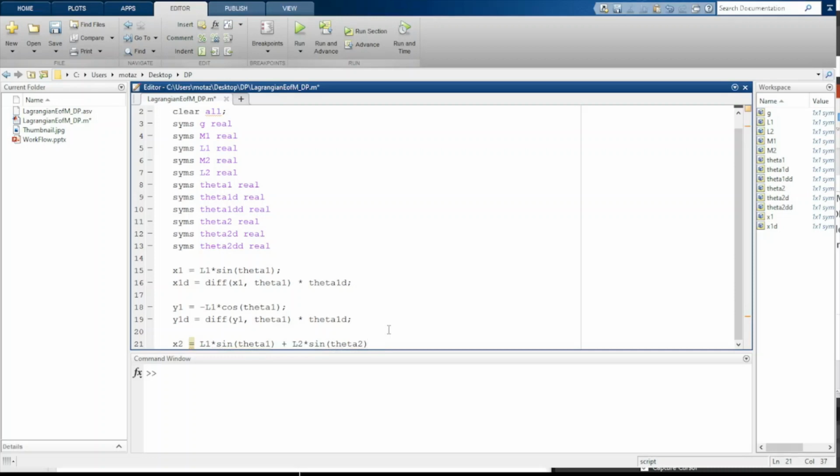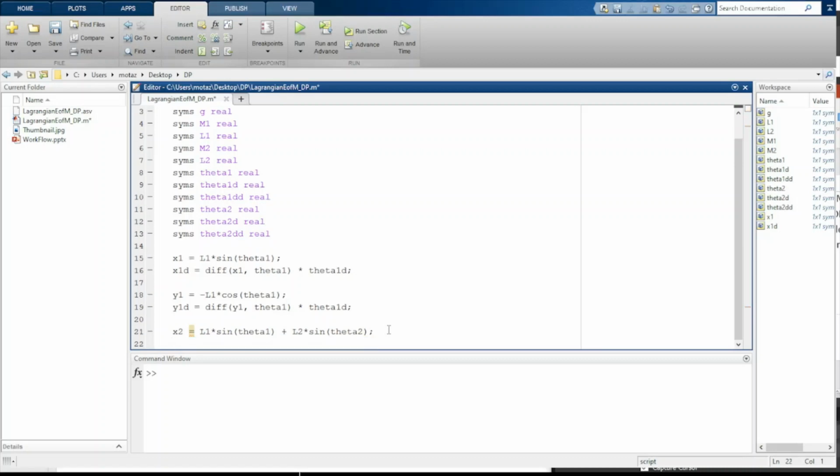Now for this derivative we need to use the chain rule twice. So x2 dot equals the derivative of x2 once with respect to theta 1 and once with respect to theta 2.